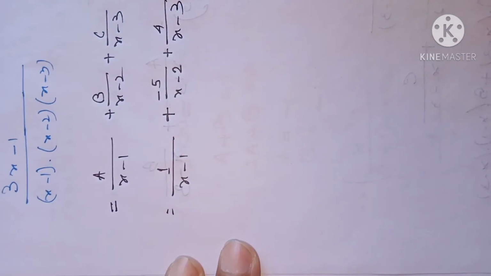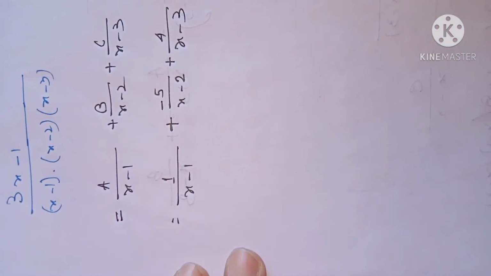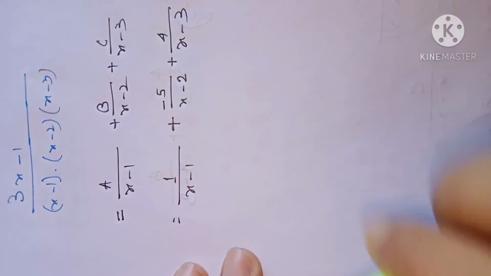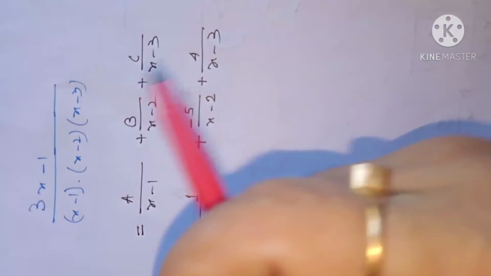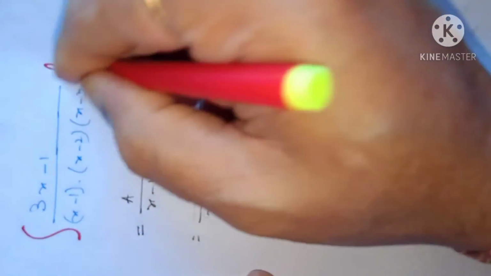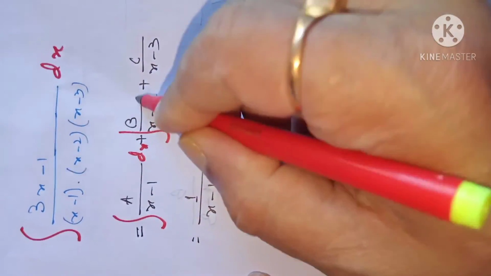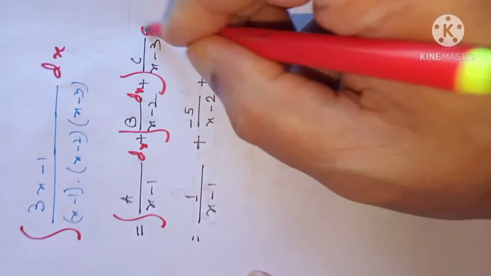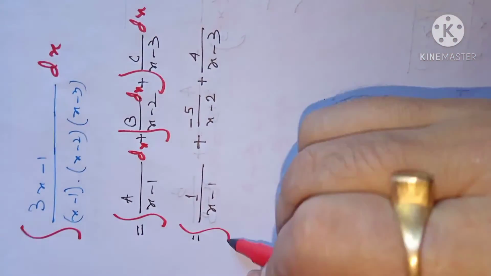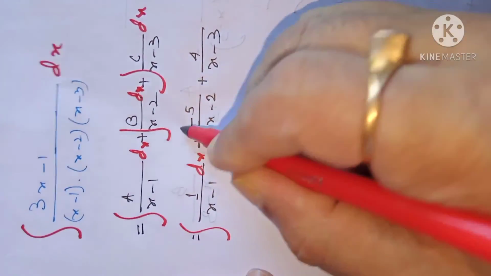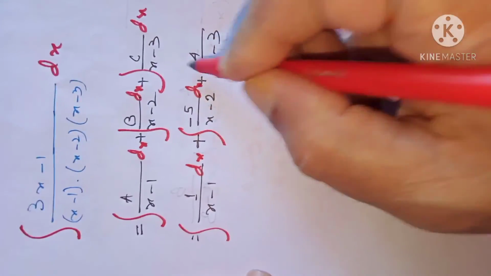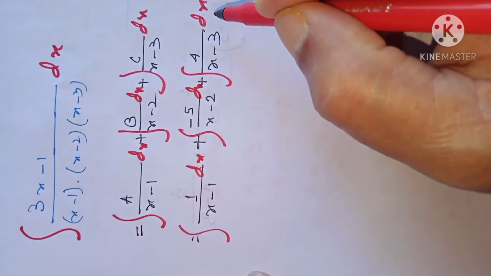Then now I put here the integration symbol. So the whole expression will look like this: integration of this one, integration of this one, and integration of this one.